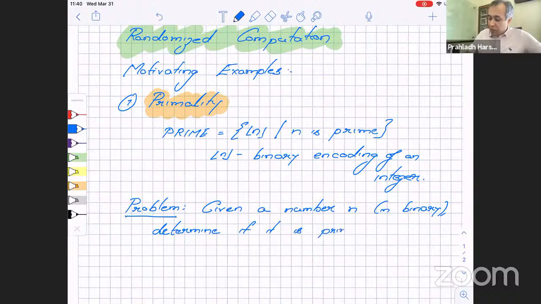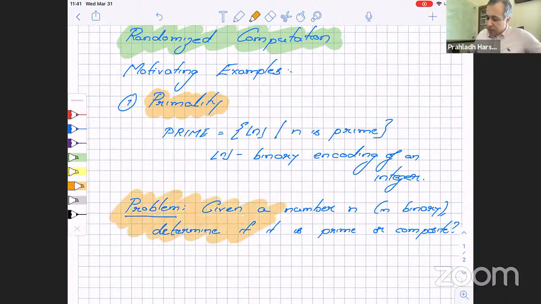I'm assuming everybody knows what prime or composite means, if you've seen one of the problem sets. Of course, this is a very fundamental problem in math, and we would like to come up with an algorithm that does this.